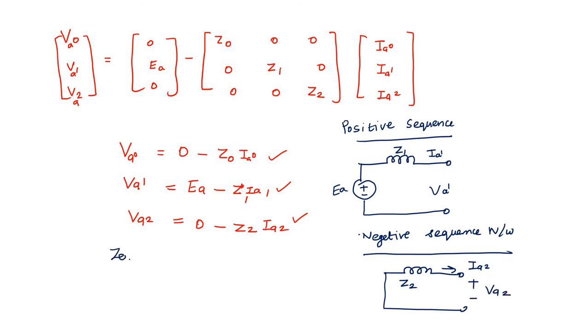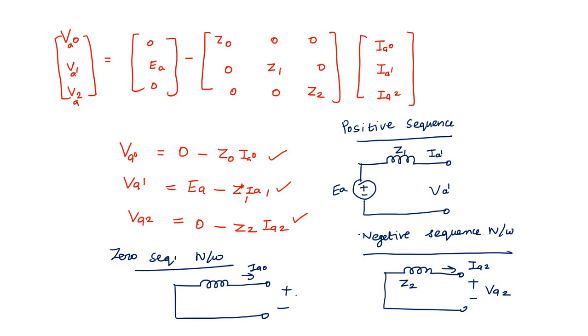And next the zero sequence network. The zero sequence network also has impedance only. Here I have to write IA0. And here positive negative VA0. That's all. These are the sequence networks for the loaded generator.